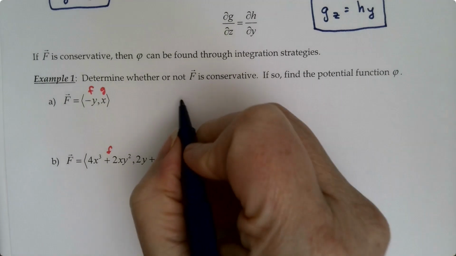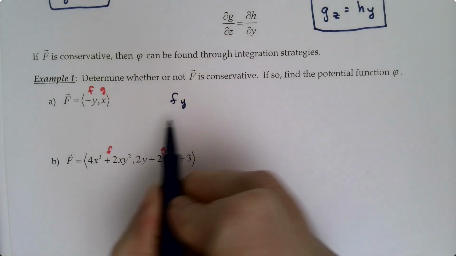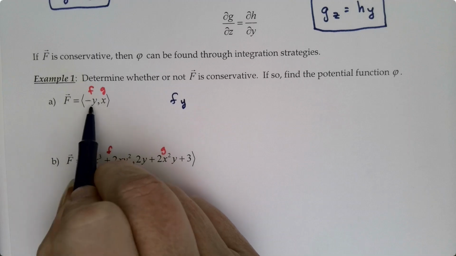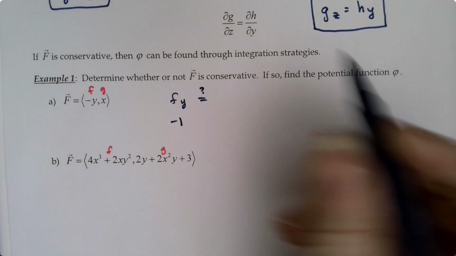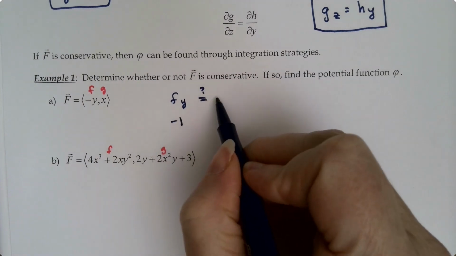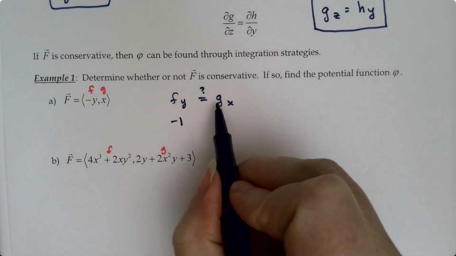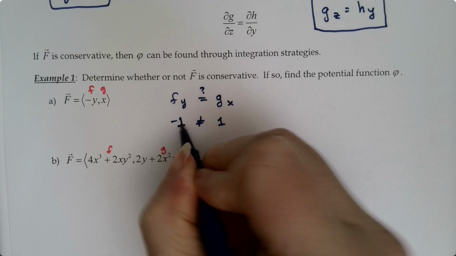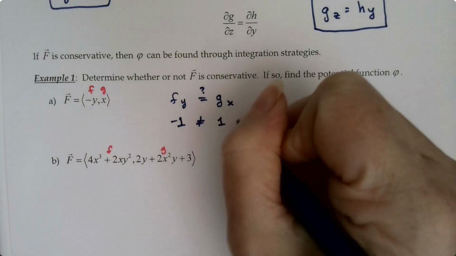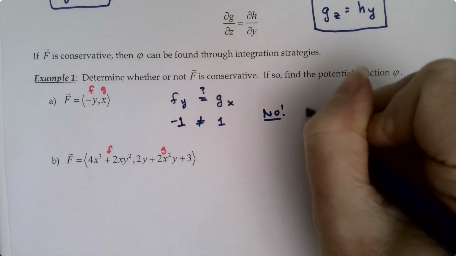So f sub y would be the derivative of f with respect to y, which is negative 1. Is that in fact equal to g sub x? G sub x is 1, and those are not equal to each other. So this is no, and therefore it's not conservative.